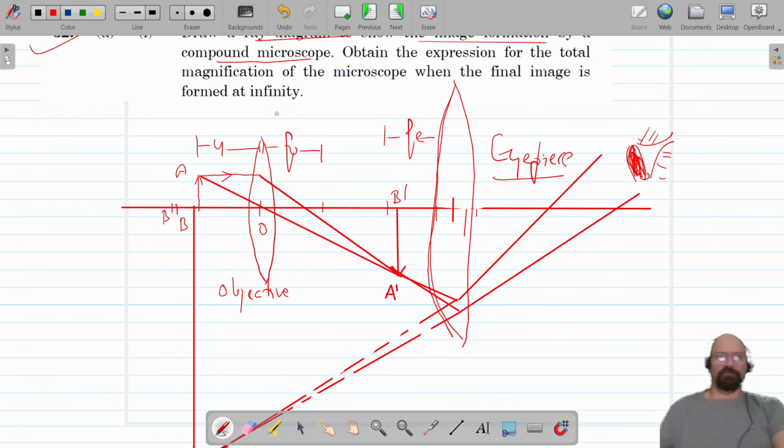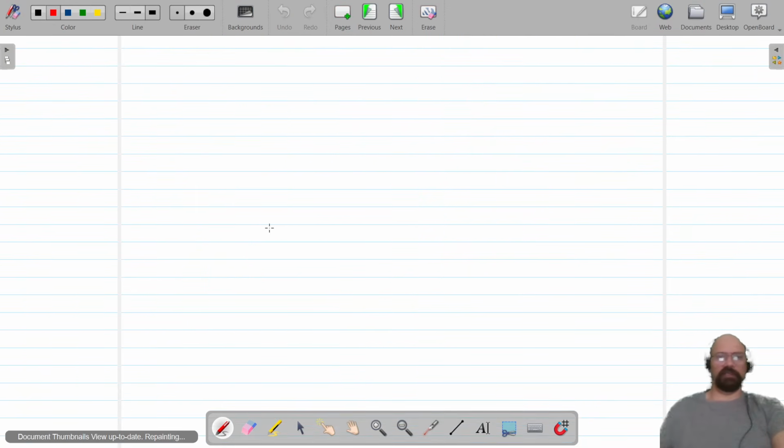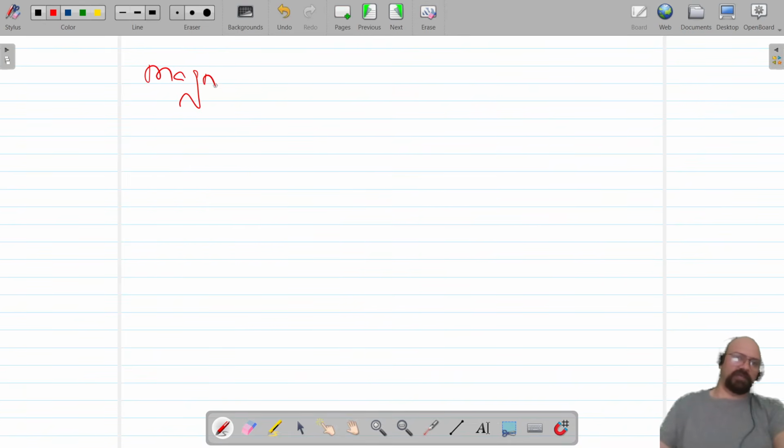Now we have to obtain the expression for the total magnification of the microscope when the final image is formed at infinity. तो इसके लिए infinity के लिए condition लगाते हैं. The magnification produced by objective lens is given by, ये आपने यहाँ लिखना है.